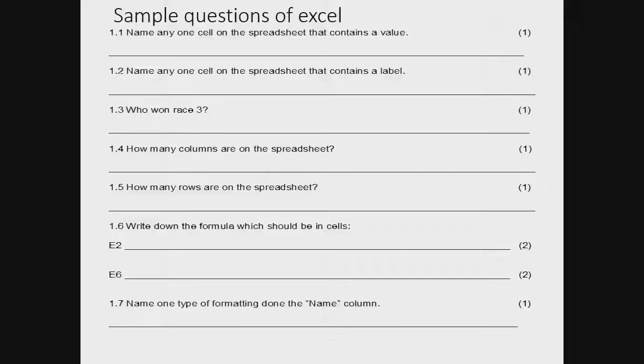Let's look at the next sample question here. In cell E6, the formula that is there. We are looking for the formula in cell E6. First thing, what did I say is the first thing? Who can remind me? Unfortunately, I cannot call you from here, so I'm talking to you that is looking at me now.